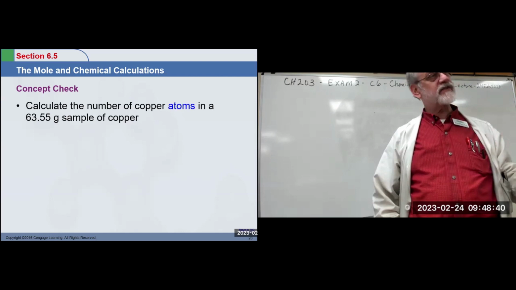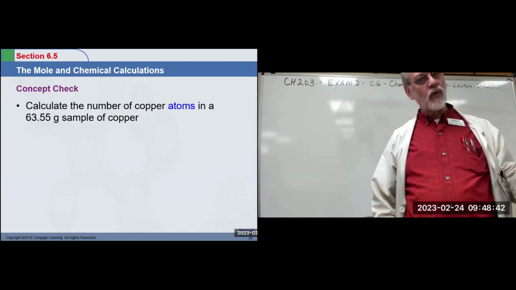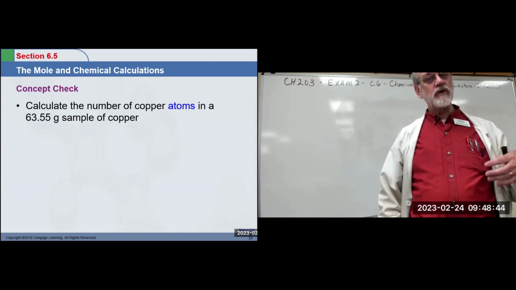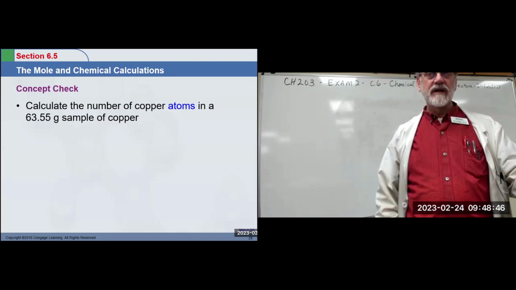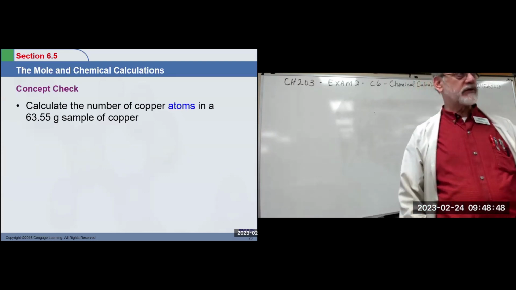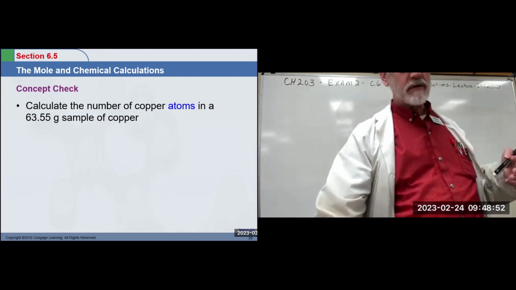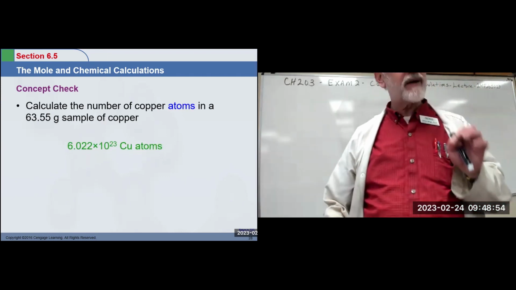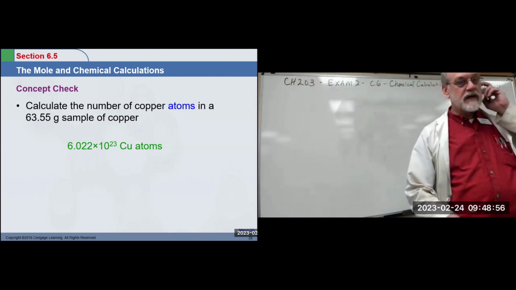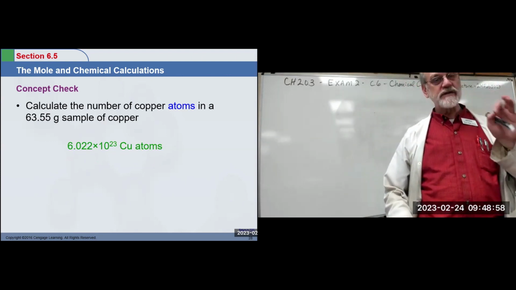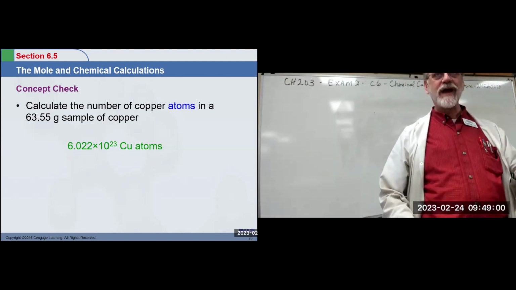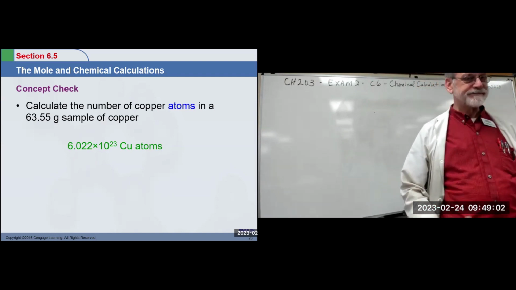So if you have that mass of copper, you have 1 mole of atoms. If it asks for the number of atoms, what is 1 mole equal to? 6.022 times 10 to the 23rd. So you actually have that many copper atoms if you have measured 63.55 grams of copper.